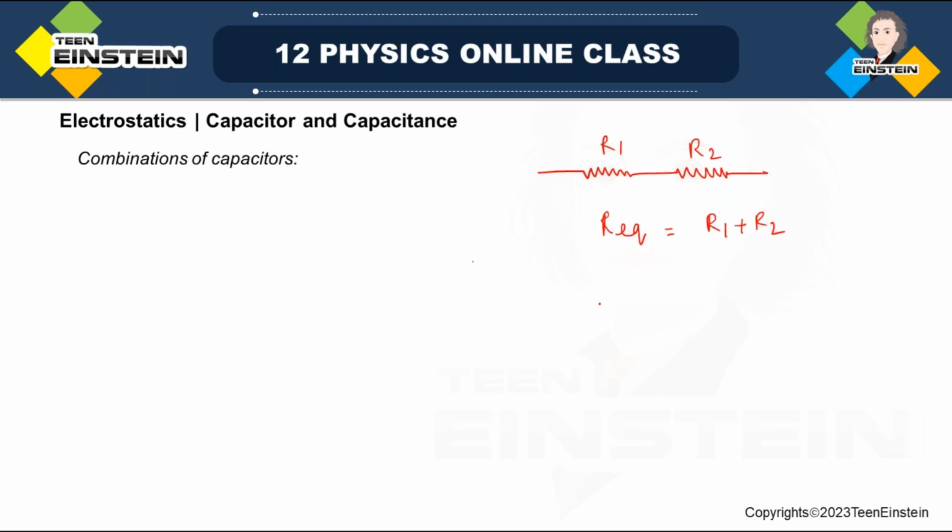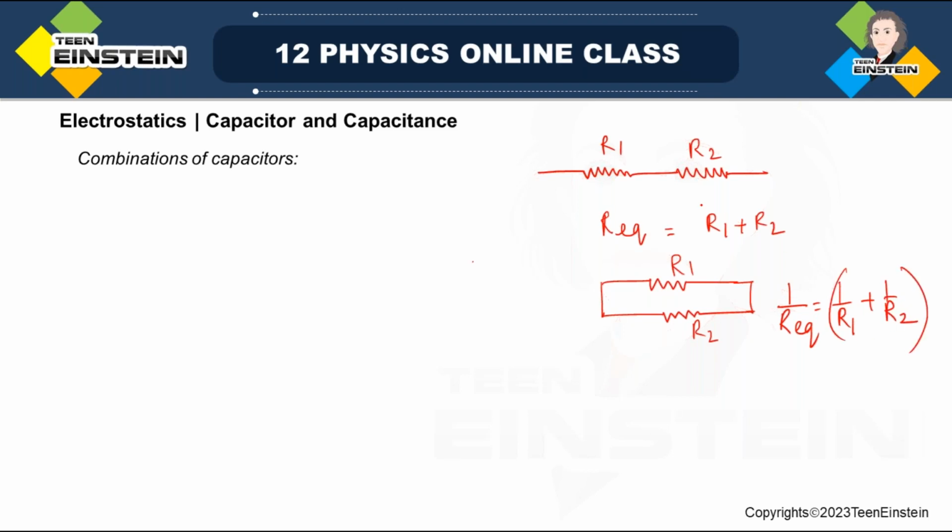And in case of parallel combination, the equivalent resistance will be 1 by R equivalent is equal to 1 over R1 plus 1 over R2. So this is the case in series combination or parallel combination of resistors.